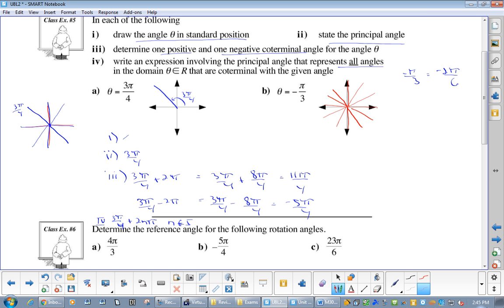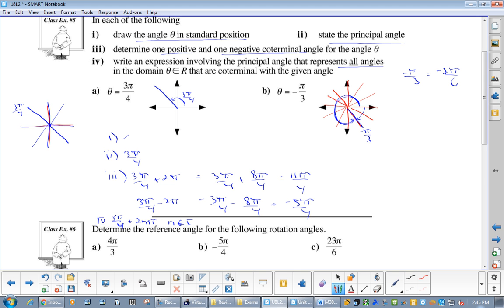So anything over 3, put them over 6s. Okay? So I got negative 2 pi over 6. That would be, so I'm going to go 1, 2. So this is negative pi over 3 right here. Okay, so what is the principal angle? The principal angle is this one here, right?